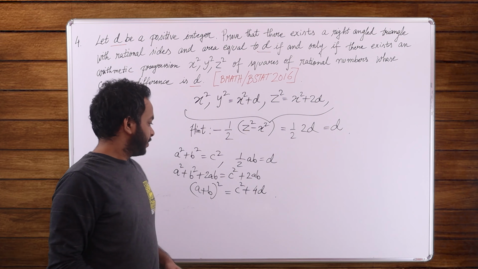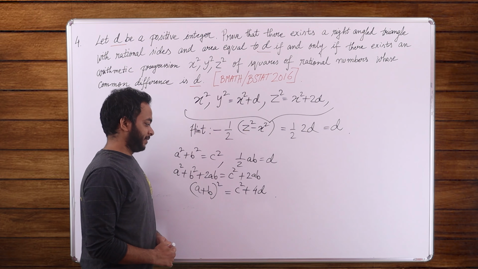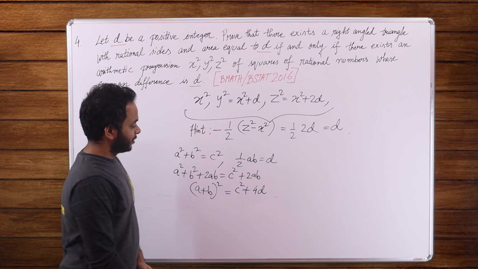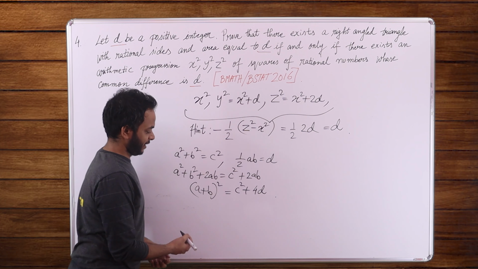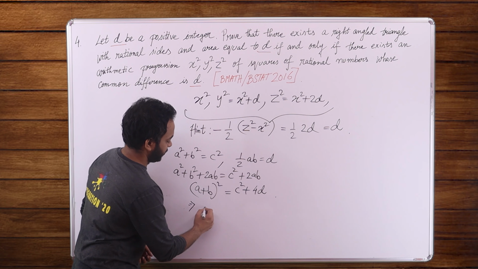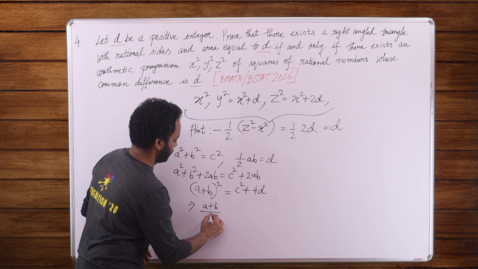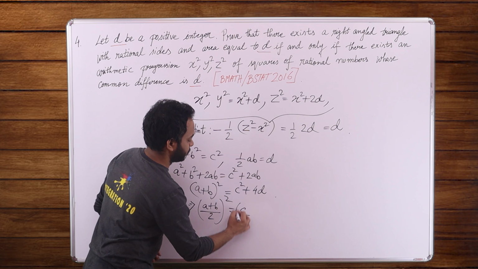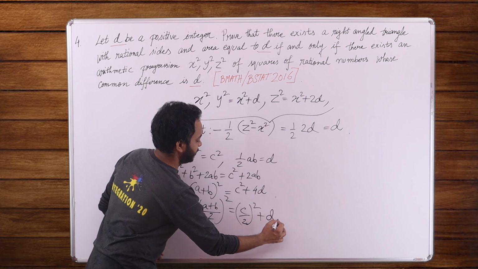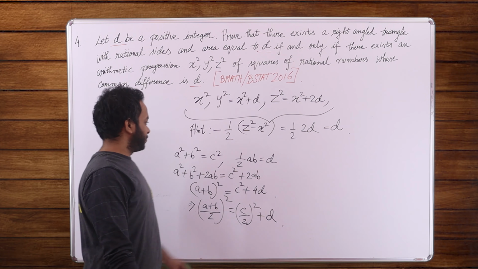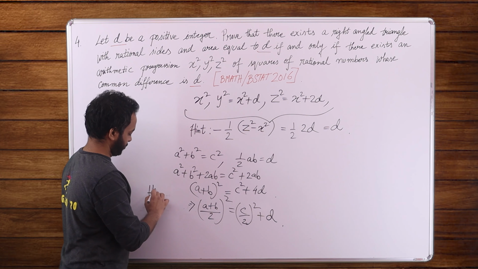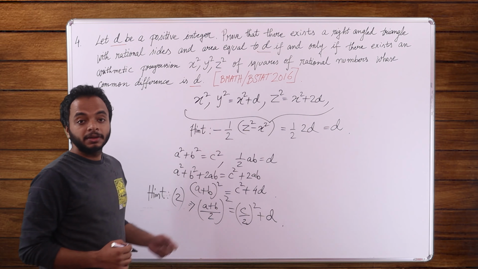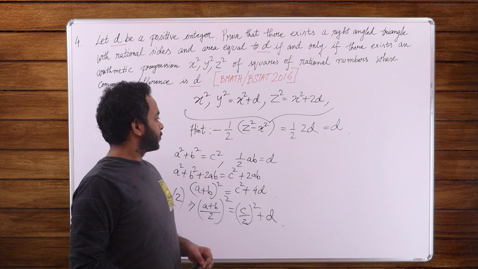Now you see that the common difference has to be d, so just divide both the sides by 4, and then you will be getting a plus b by 2 whole square and c by 2 whole square plus d. So this would be our second hint, hint 2, for the converse part, the only if part.